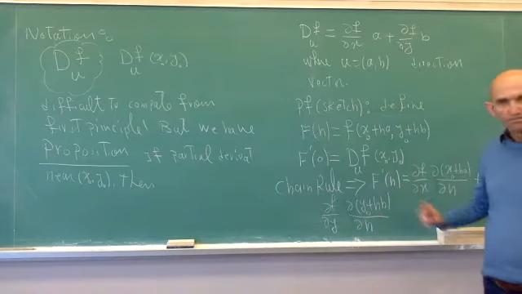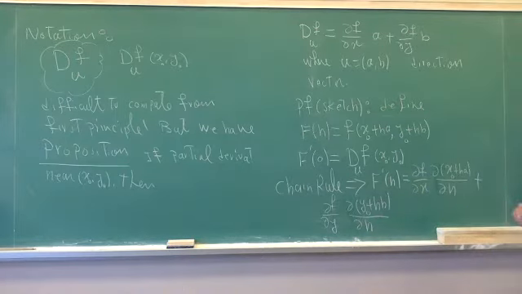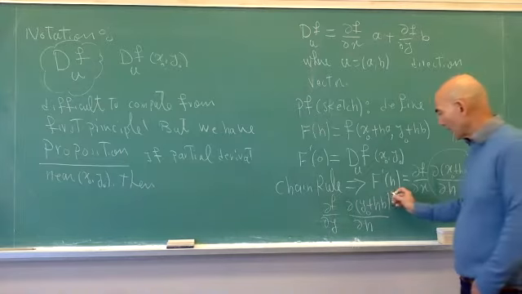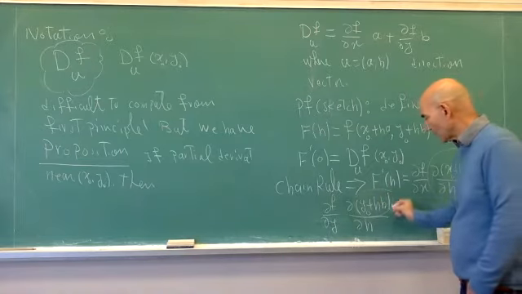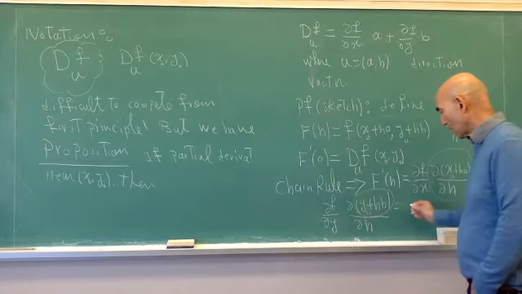You see that. Now this is very easy, because what is the partial derivative of x0 plus ha with respect to h? This is a linear function in h, so its derivative with respect to h is just a. And by the same token, the other one is equal to b.